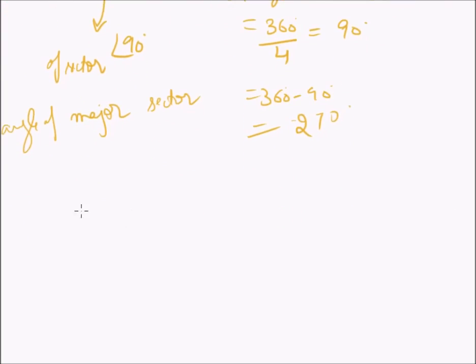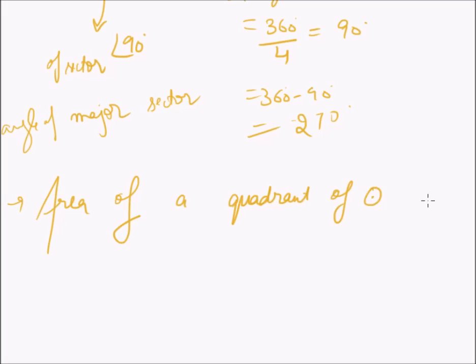Now a question says find the area of a quadrant of circle whose circumference is 44 centimeters.